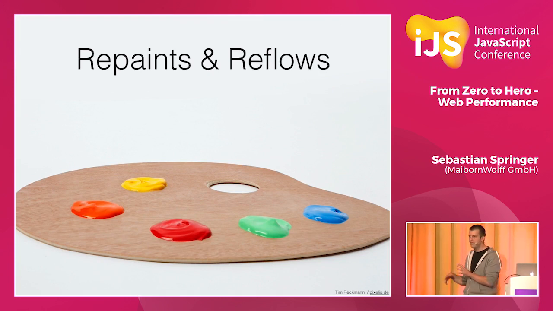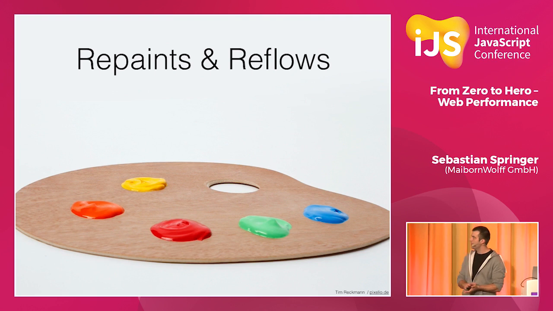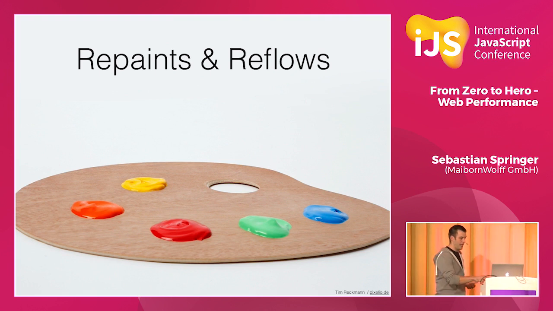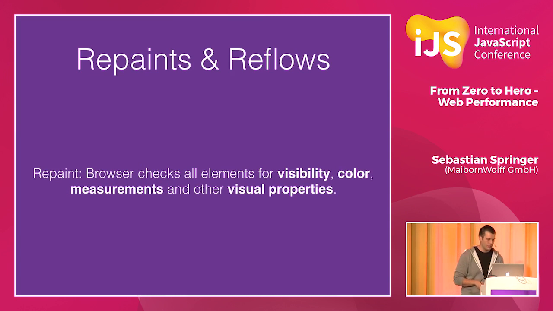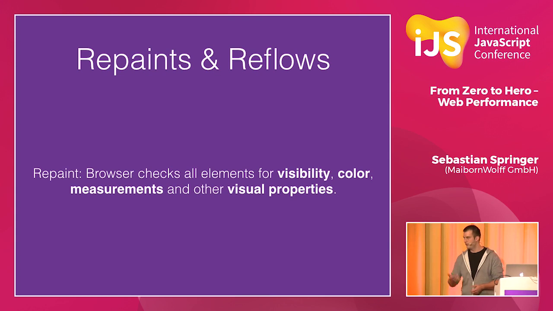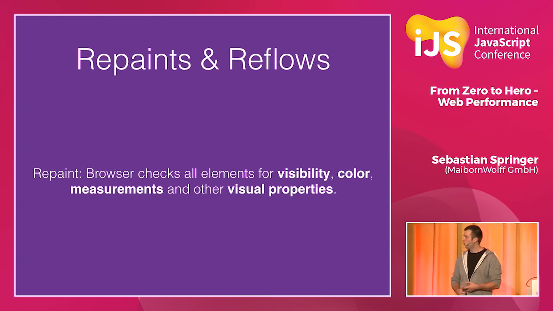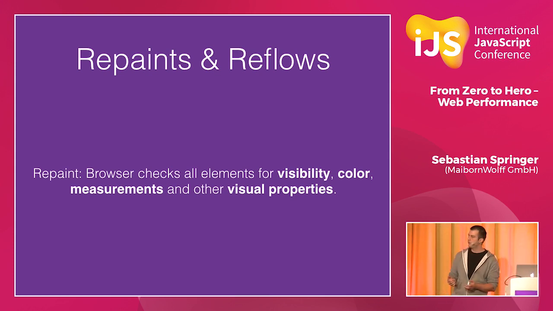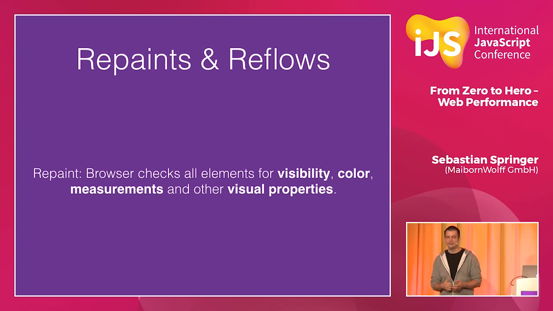And now we're leaving JavaScript for a while, because we're going back to the trees. And this is what the browser does when you're working with an application. So a repaint is the process where the browser checks every element for its visual properties.